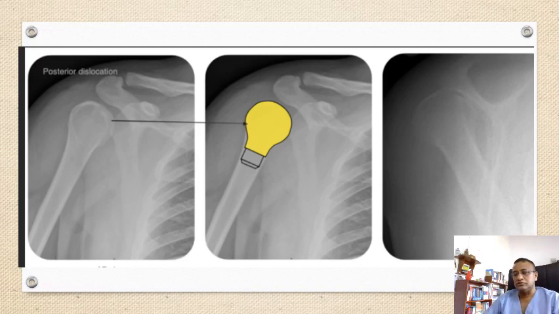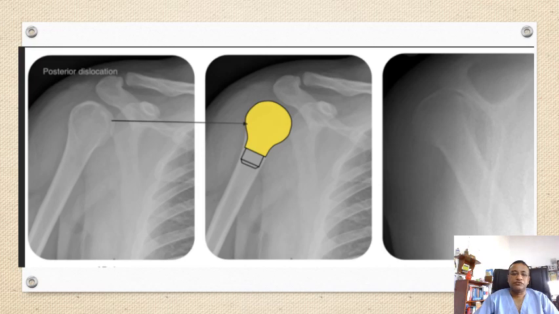Posterior shoulder joint dislocation with AP and lateral views. So in this case, you have to ask for scapula Y view. In the last picture, it's a scapula Y view. Here you can see the posterior dislocation.